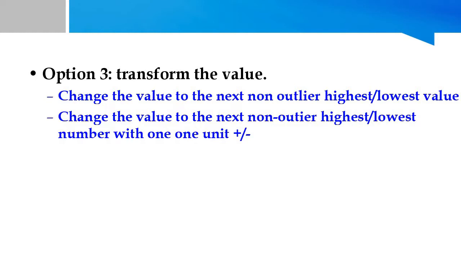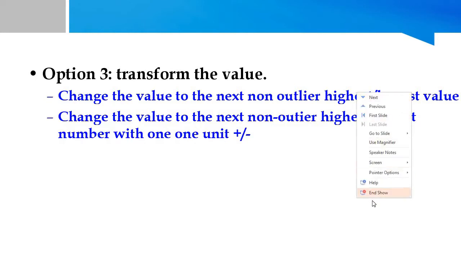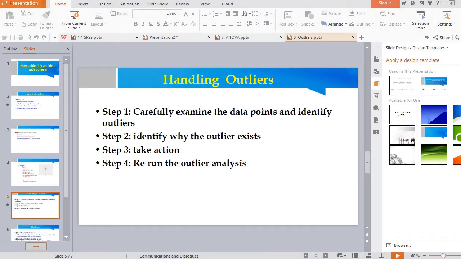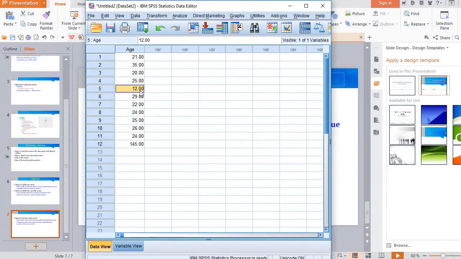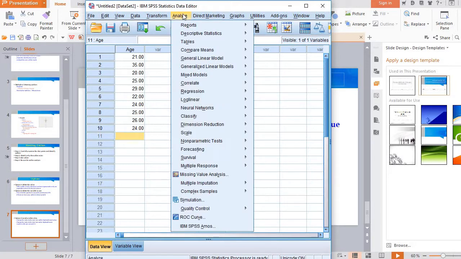So let's see it in SPSS. So these are the values. What I'm going to do in the first case is remove these two values, 12 and 145. Now I'm going to rerun the analysis.